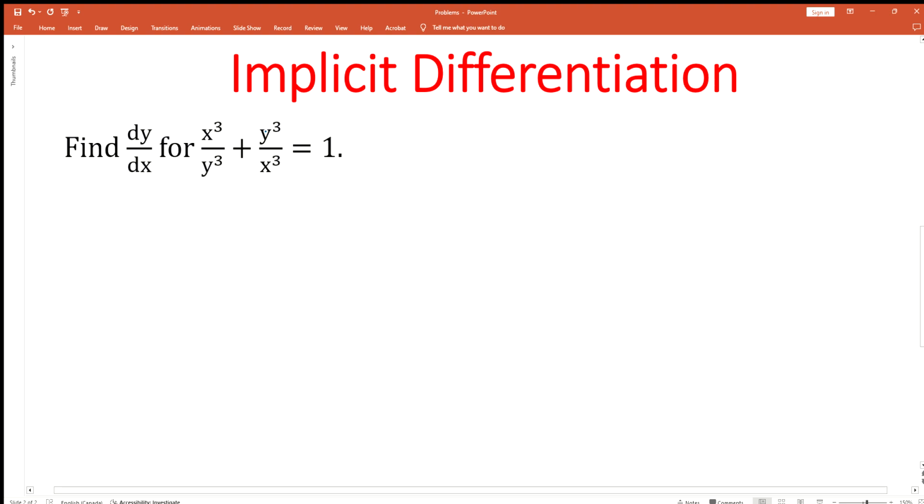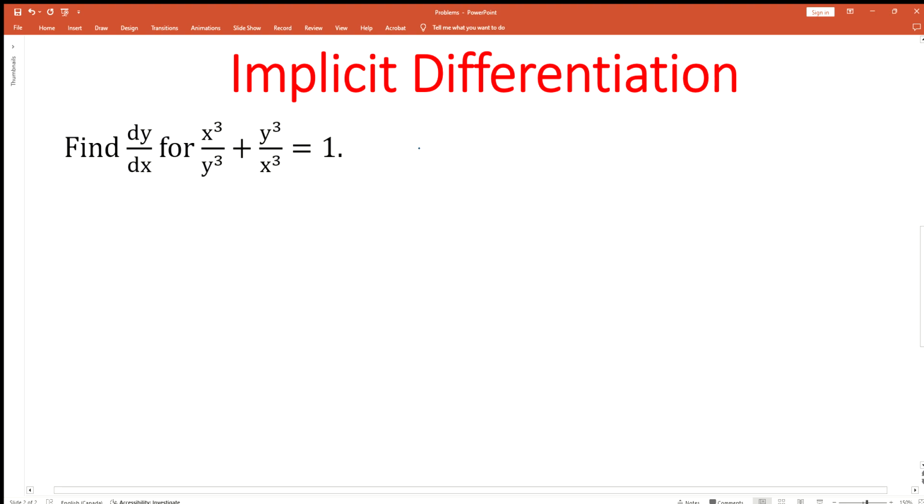It will be easier to find the derivative of this equation by getting rid of the denominators y cubed and x cubed in this equation. The common denominator for these two fractions is x cubed y cubed. We can get rid of these denominators by multiplying each term in this equation by x cubed y cubed.